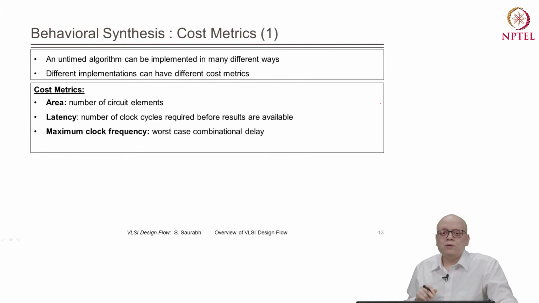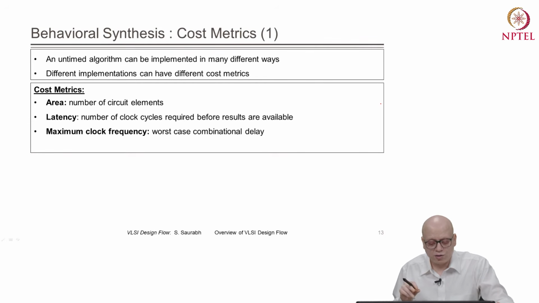And then the third important thing is at what maximum clock frequency a circuit or a design can operate, or it can be measured using worst case combinational delay. So this requires a little more understanding of the timing, so we'll be discussing it in the next slide.